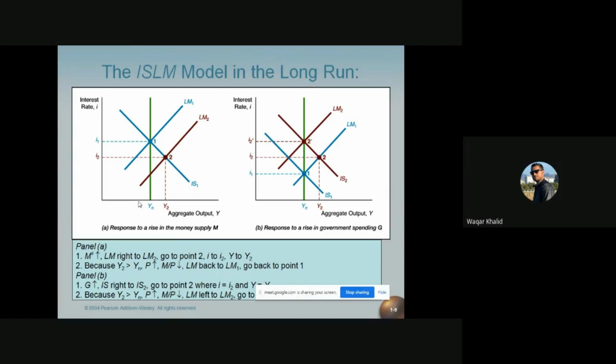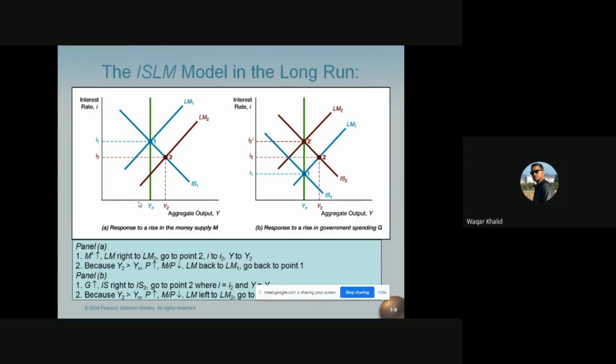Now we want to examine what happens when the price level changes. Keep in mind that when the price level changes in the economy, we can no longer assume that the real and nominal quantities are the same. If the price level is not fixed, the real and nominal quantities are not constant.